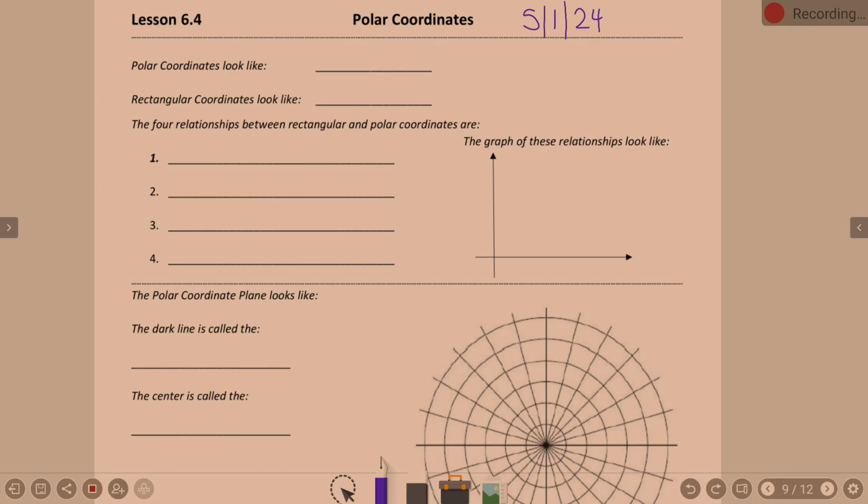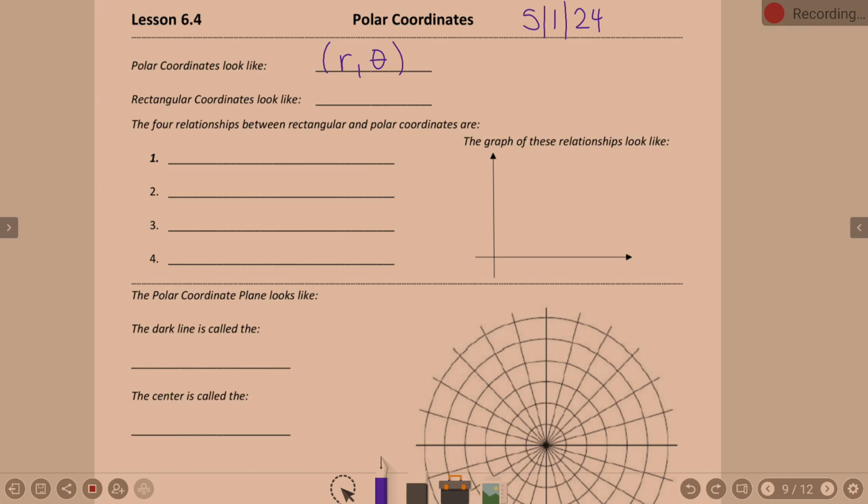Polar coordinates are of the form r, comma, theta, where r is what we'll call the radius, and theta is your angle on the unit circle.